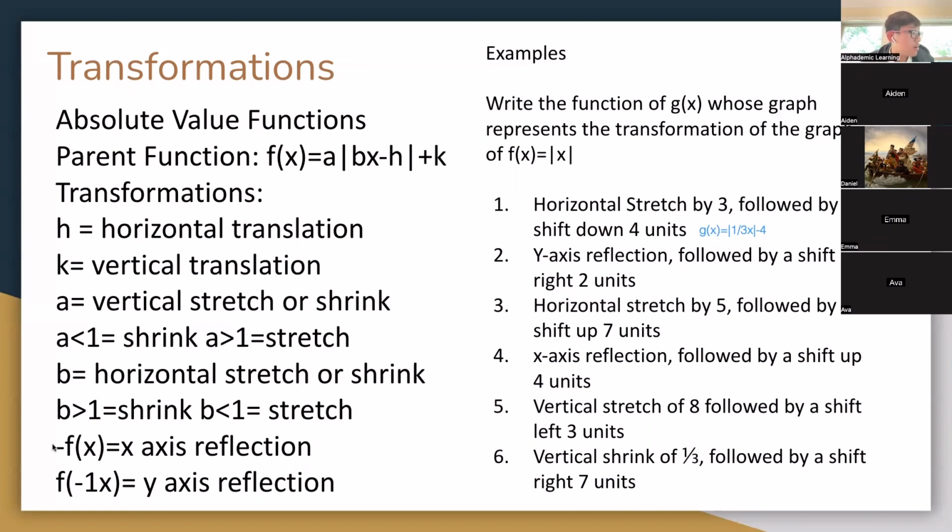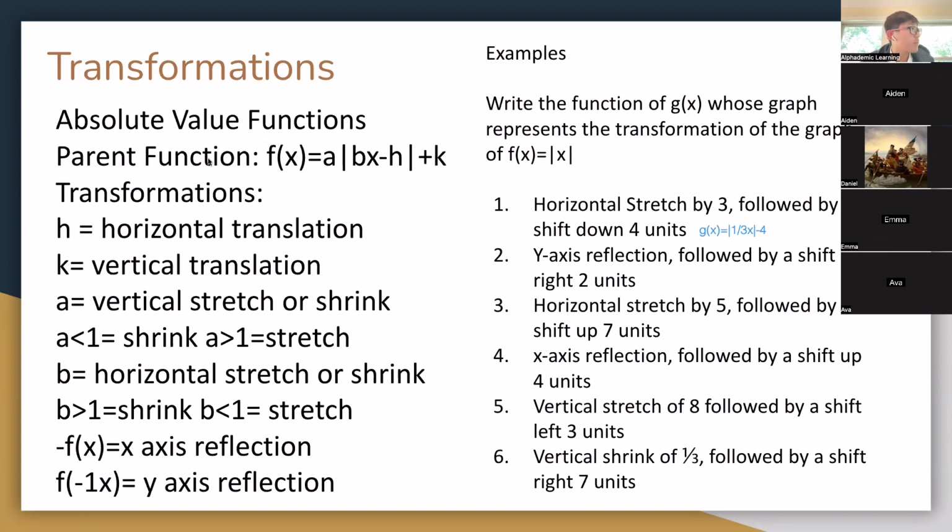So for an x-axis reflection, using the parent function as an example, it would be f of x is equal to negative a times the absolute value, and the k remains unchanged. And then if you were to do a y-axis reflection, since it would be f of negative x, only the x would be affected.